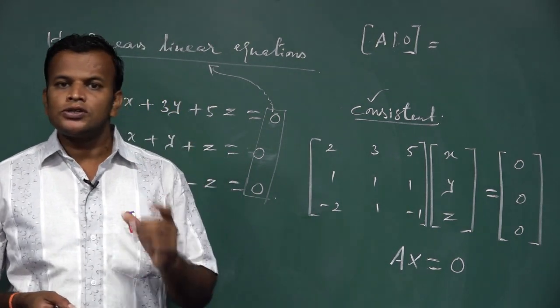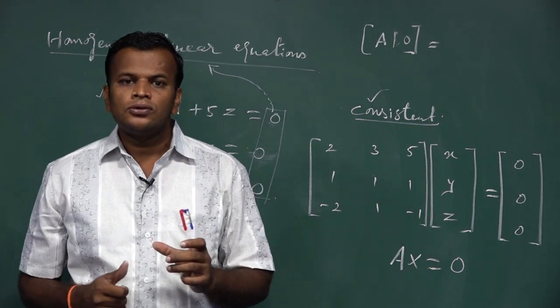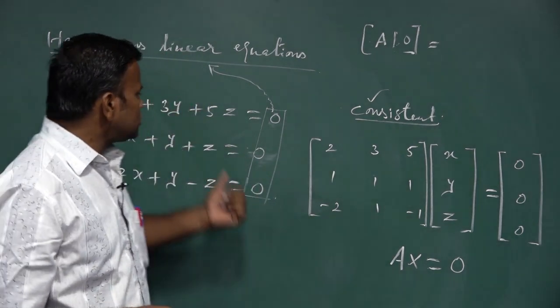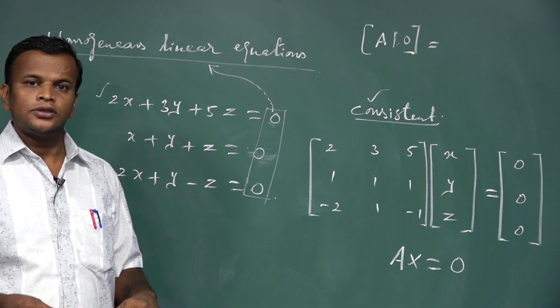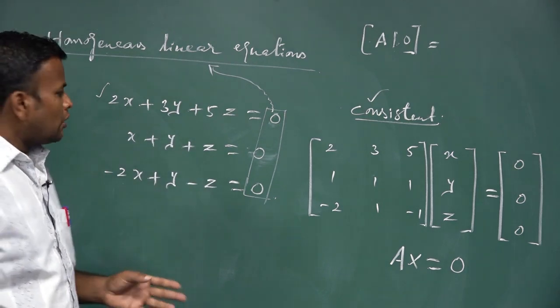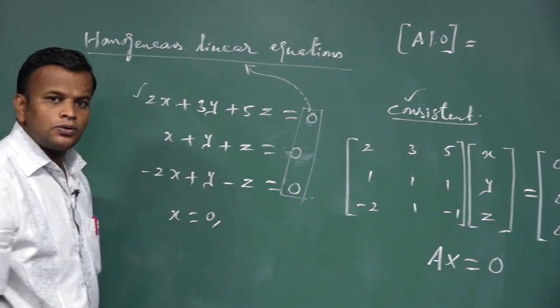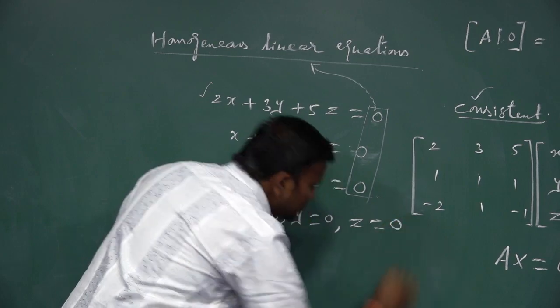I also introduce one solution. A solution set containing all values 0 is called a trivial solution. Suppose we solve the equations. How many unknowns? x, y and z, 3 unknowns. Suppose the value of x is 0, y is 0, and z also 0.